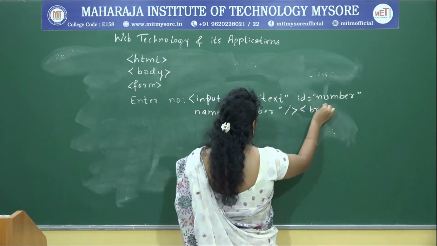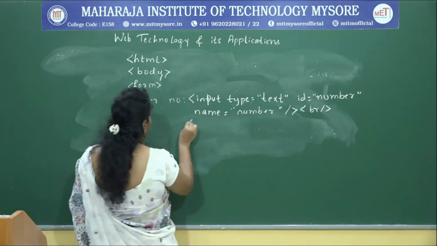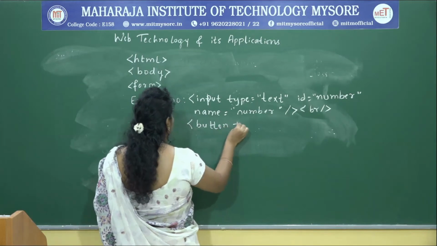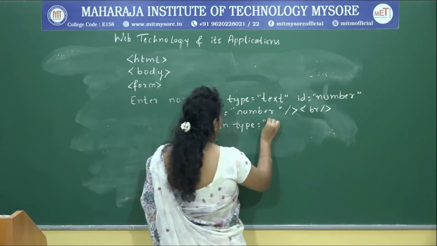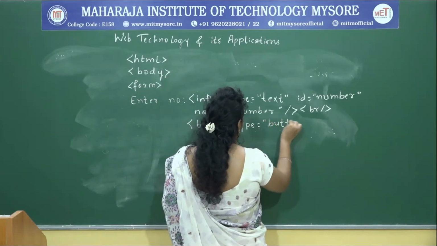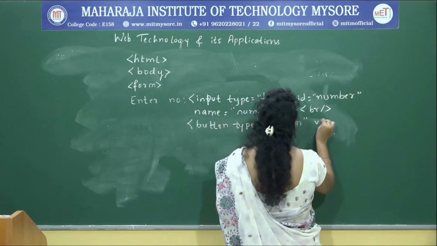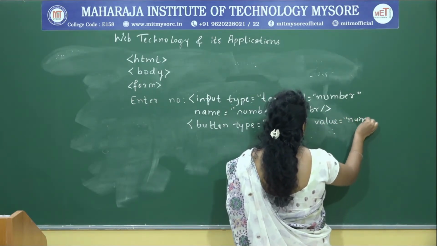I will use one break. Then button, type is equal to button, and value is equal to number.